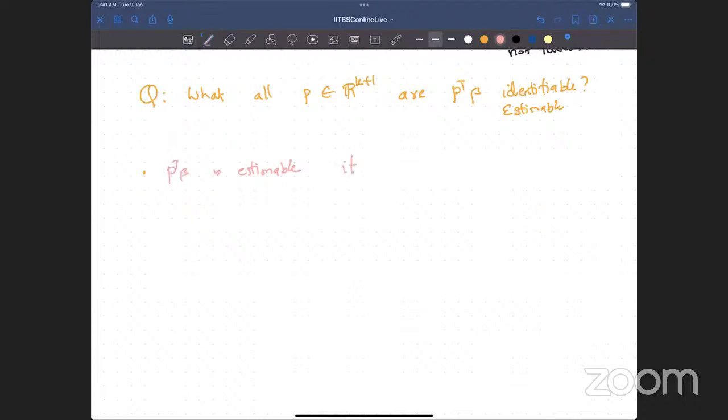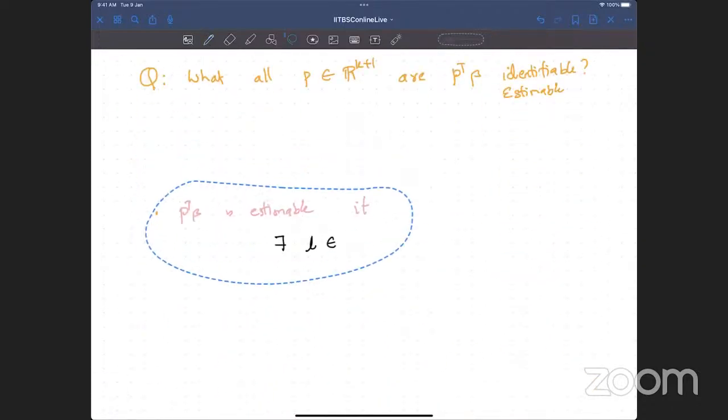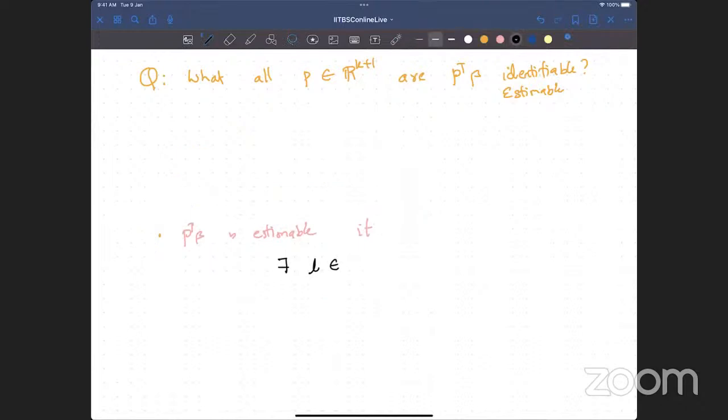if there exists some linear combination of the y's, some L, in some vector space. Let's go with the same model. I have y's, I have X beta.